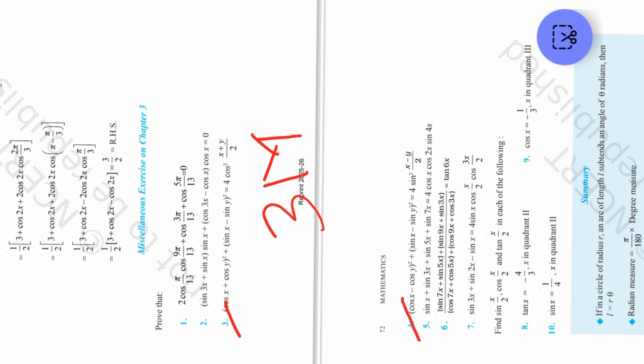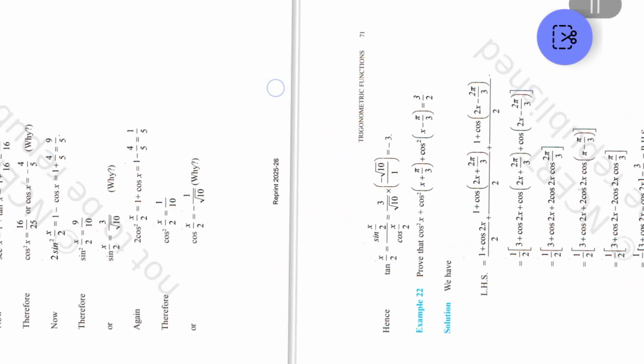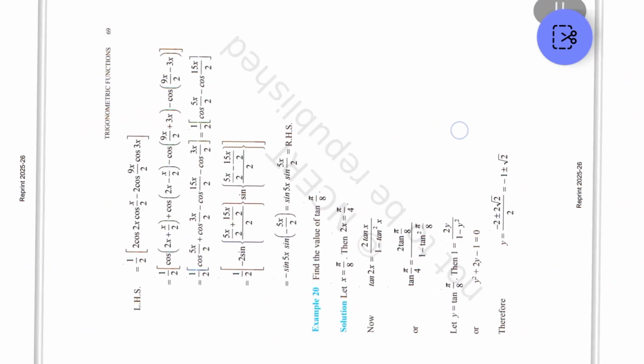And next for 3 marks question, cos (x plus y) whole square. And 3 marks, 5 marks, 6 marks questions are repeated every year. Sometimes they change, but every year repeated questions are asked.